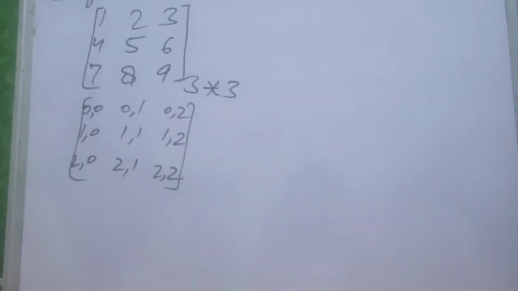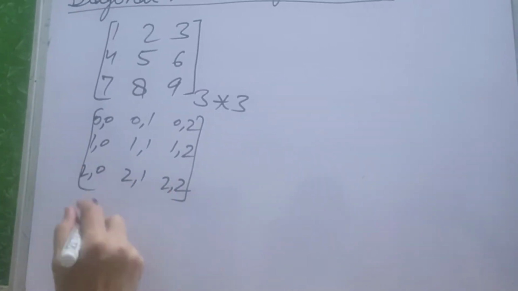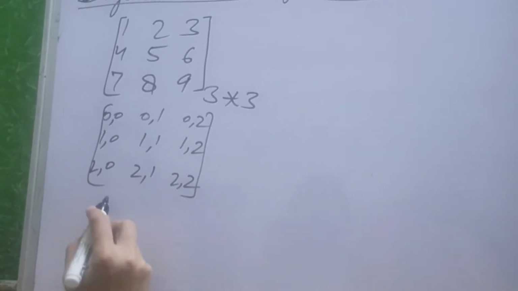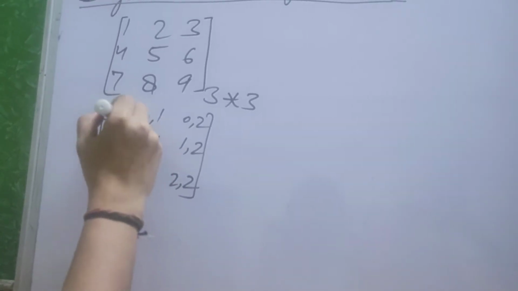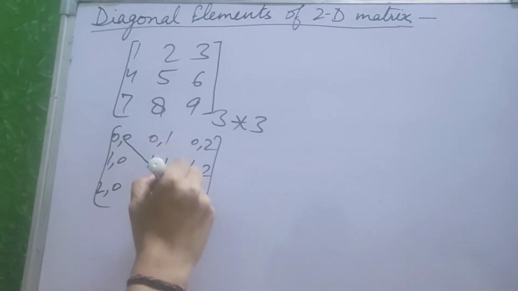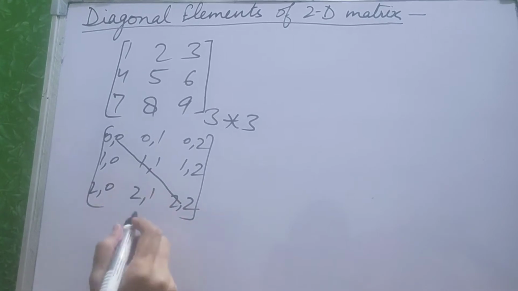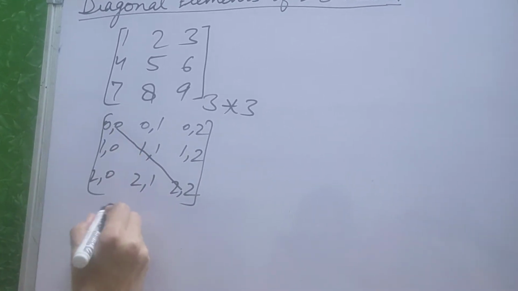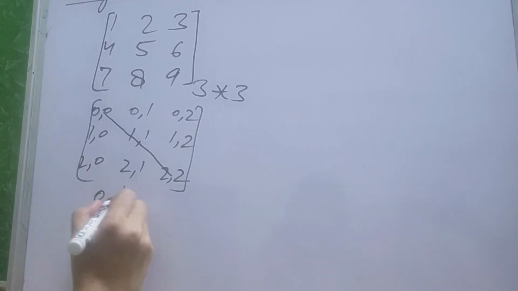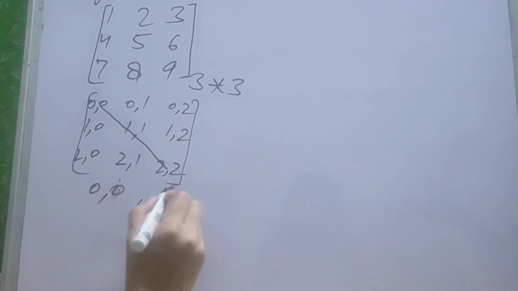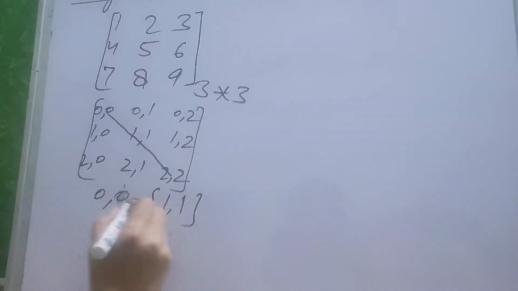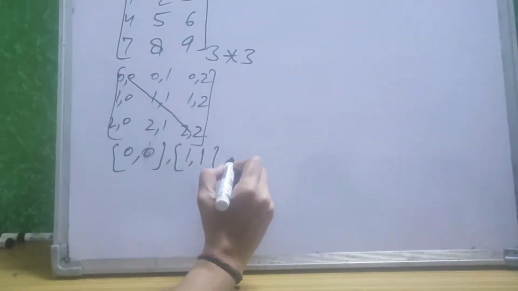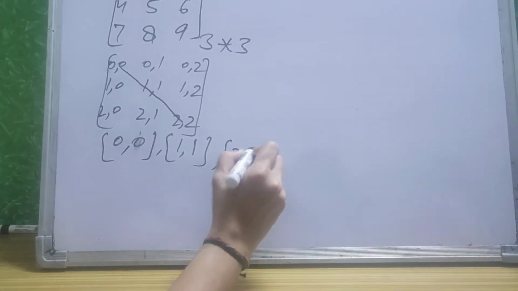If we want to print just the diagonal elements, we can see that these values are the same: 0, 0, then 1, 1 and 2, 2.